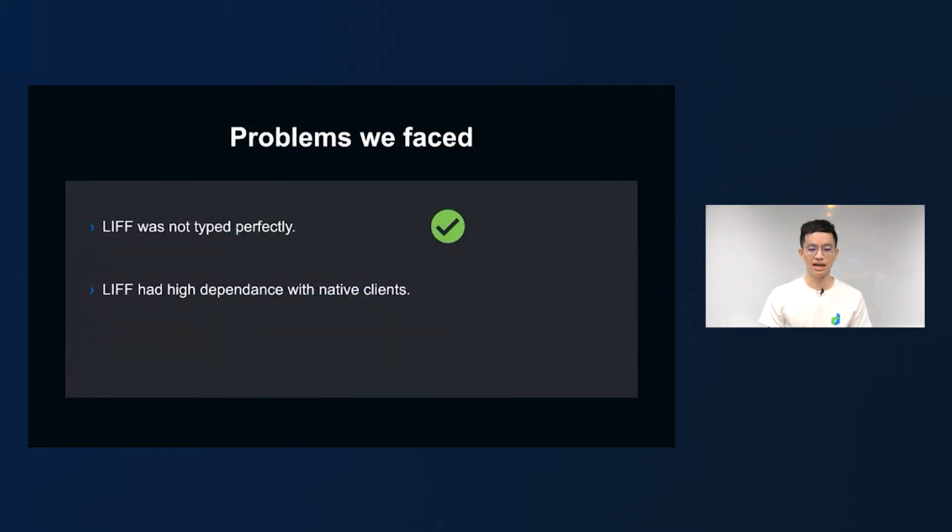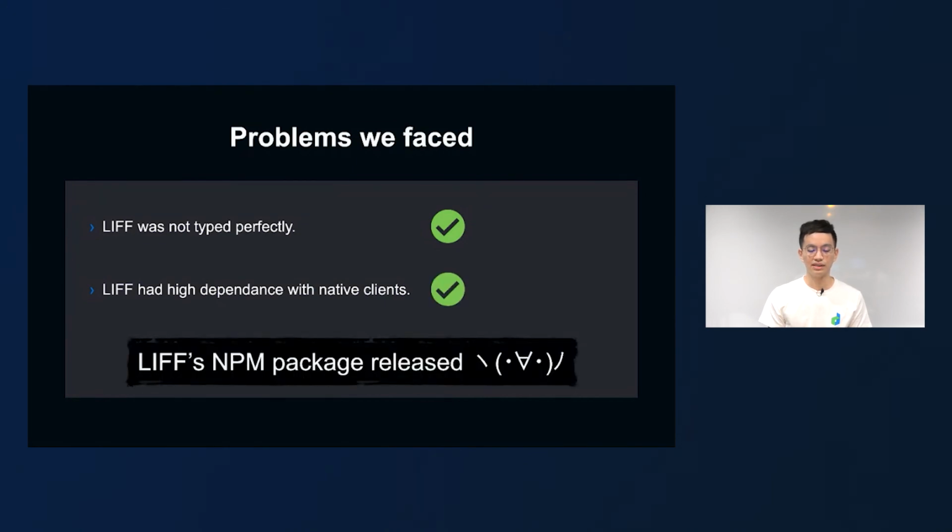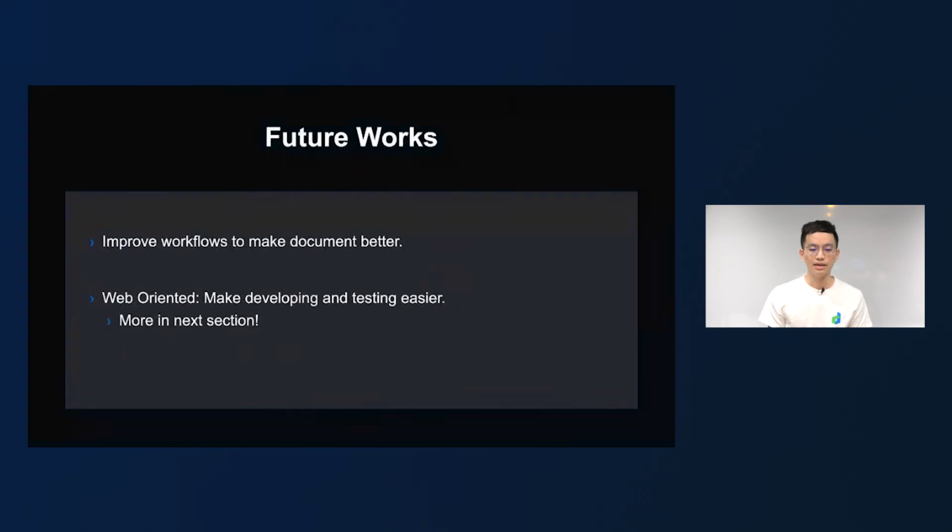So after the type definition problem and the dependency problem were fixed, we could finally release our npm package. So that's what we did for the developer experience this year. And in the future, we would like to improve our workflow to make our documentation better.